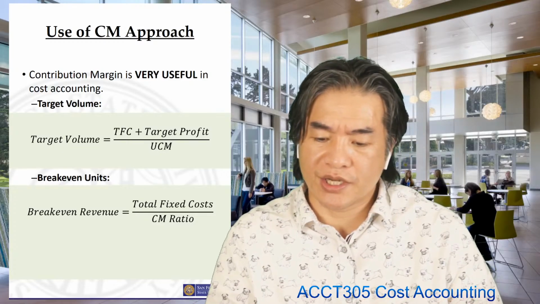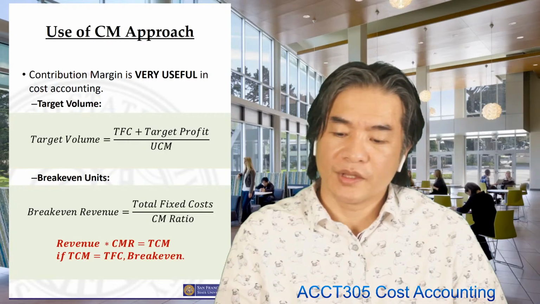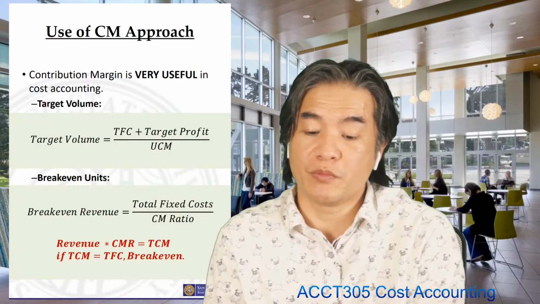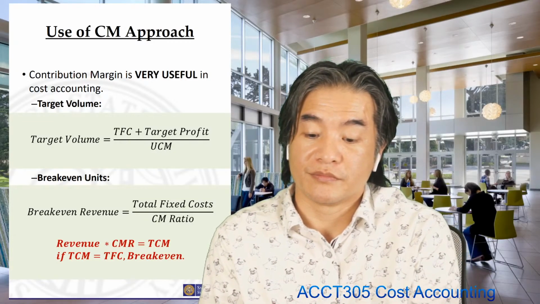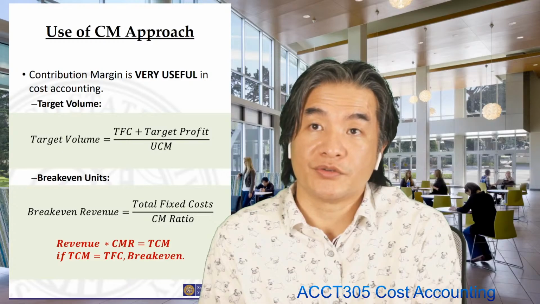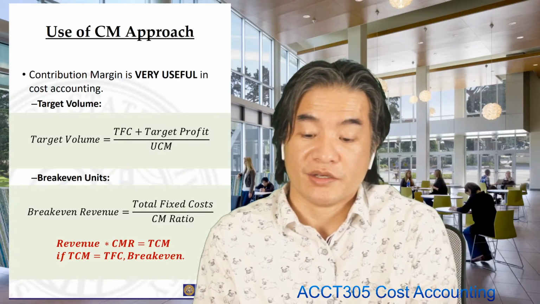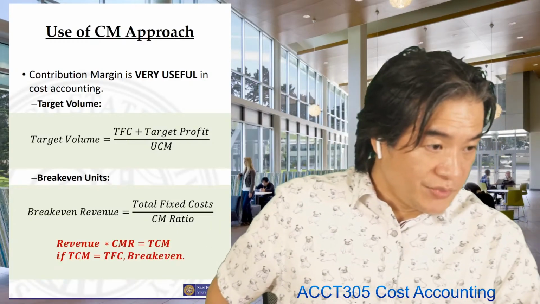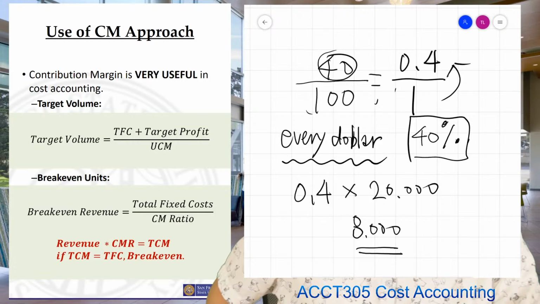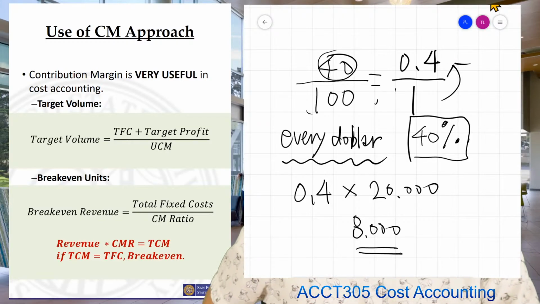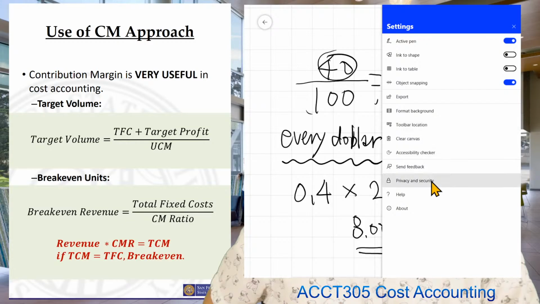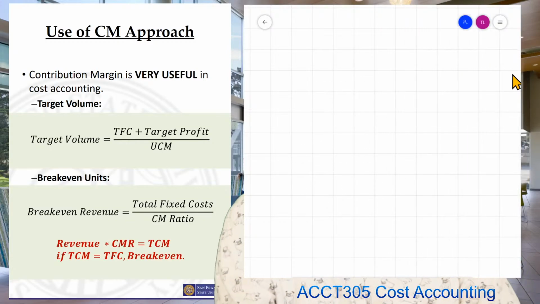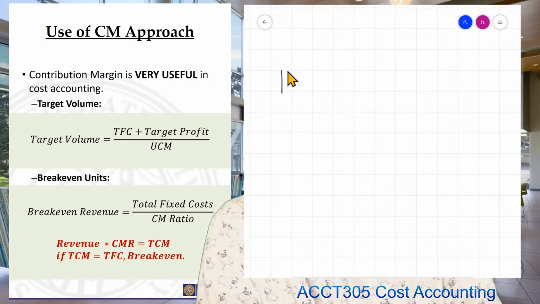If you try to understand it this way: revenue times the contribution margin ratio equals the total contribution margin. If TCM equals TFC, we have break even. So how that works is this way. On this side, we have revenue.